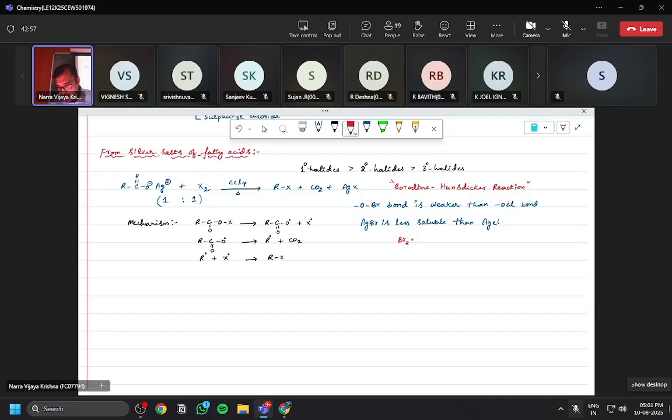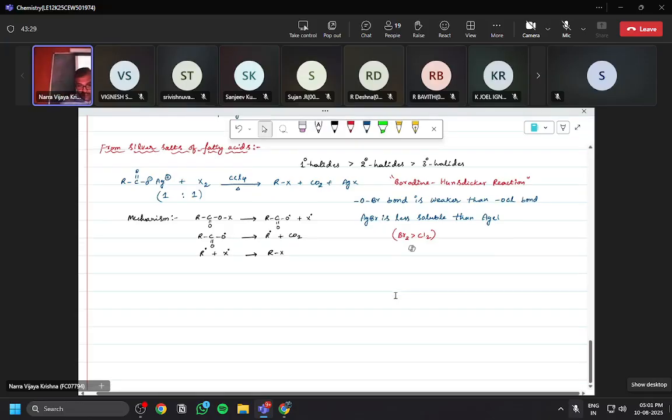Br2 is more reactive than Cl2. Are you able to understand? This RO-Br bond is weak, therefore it will break readily. And here we are getting AgX also, AgBr is not soluble in water, so it will not create ions. So the reaction always moves in the forward direction, since it is getting precipitated. Correct or not? That's why bromination will occur more readily than chlorination.